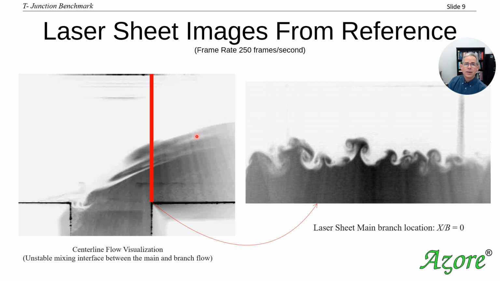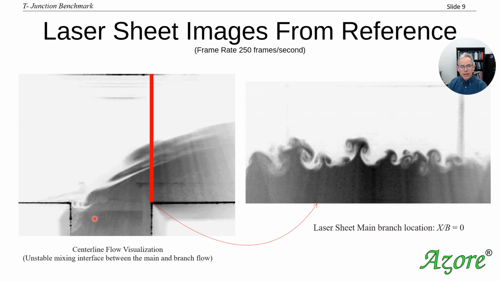So here's another view, and I like this view because it really shows the flow structures and how erratic they might be. The colors are a little bit different in this image. The light color is our cold gas stream, and the dark colors are our hot gas stream here.